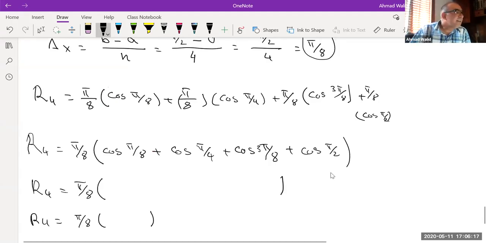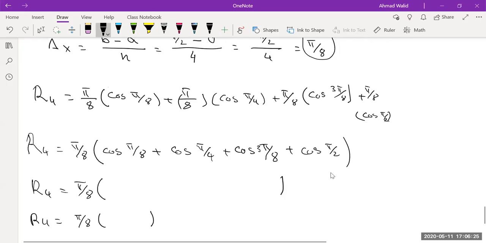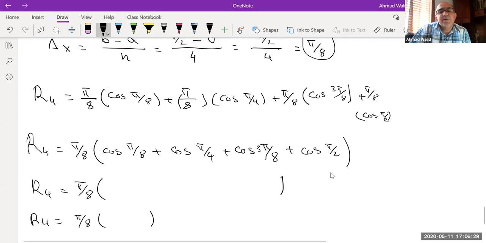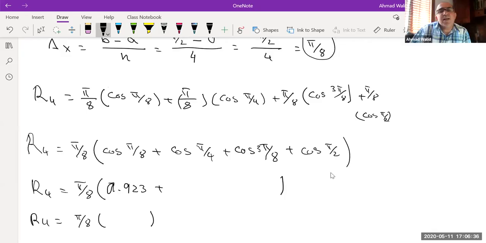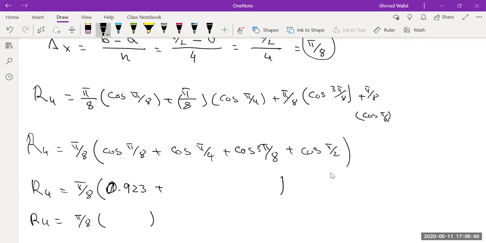Cosine of pi over 8. It's 0.9238. Next one, cosine of pi over 4. 0.707.